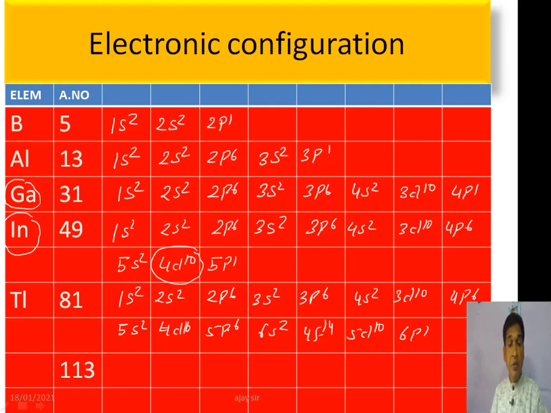Then the 6s2 electrons are strongly attracted by the nucleus of thallium, which contains 81 protons.